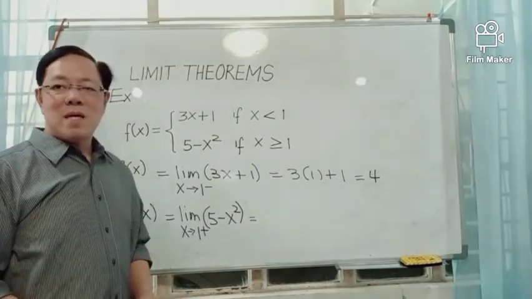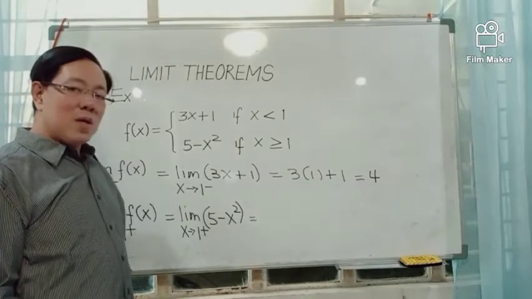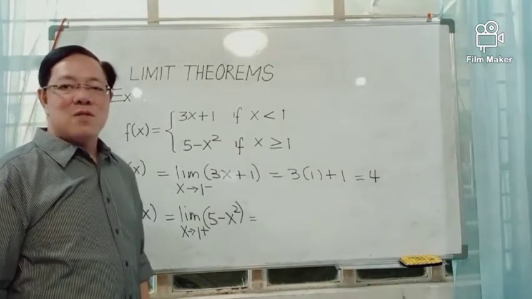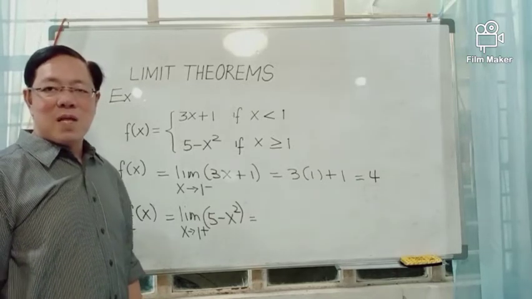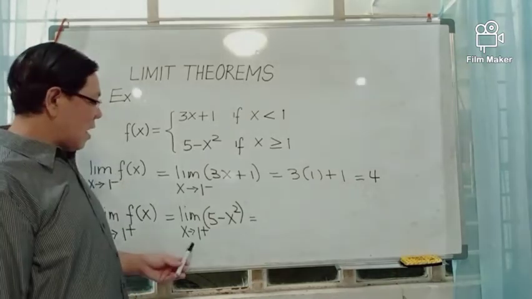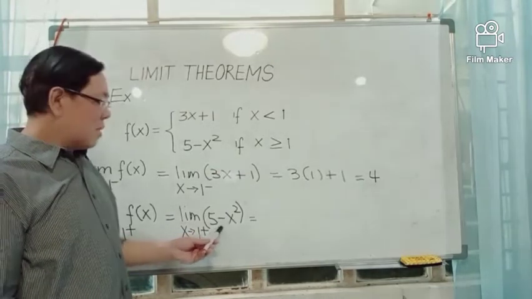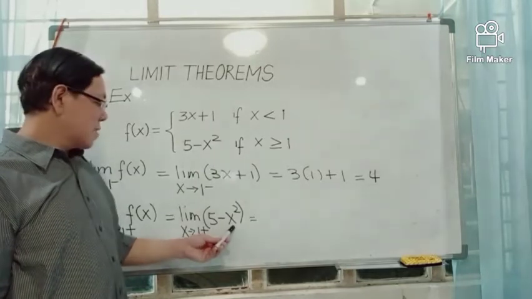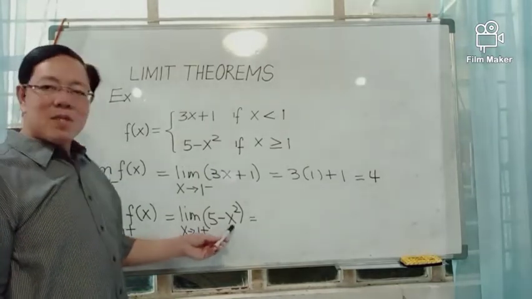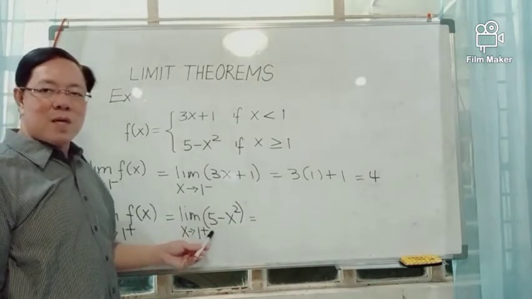Again, when evaluating the limit of a polynomial function, we simply evaluate that polynomial function at a specific value of x. As in this example, this is a polynomial function. In particular, it is a quadratic function.